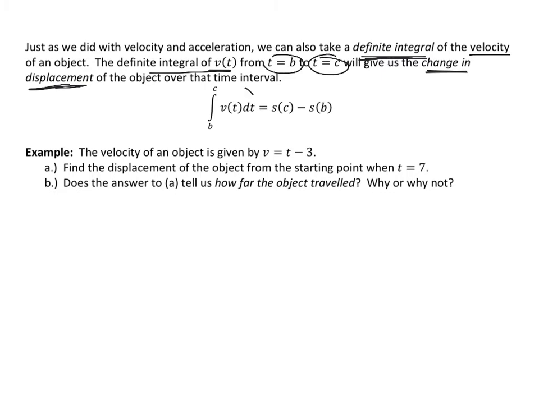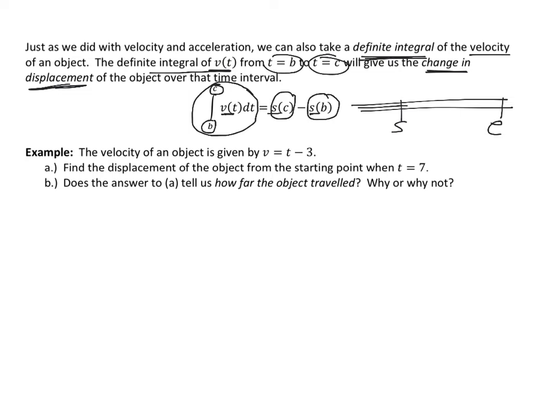So if you do an integral of velocity from b to c, we know that the integral of velocity is supposed to be displacement. And so this is just the displacement at the end time minus the displacement at the starting time. So if you're imagining the thing started here and it ended here, you're just doing the end displacement minus the beginning displacement. You're just finding out what the change in displacement was. Okay? So really straightforward.